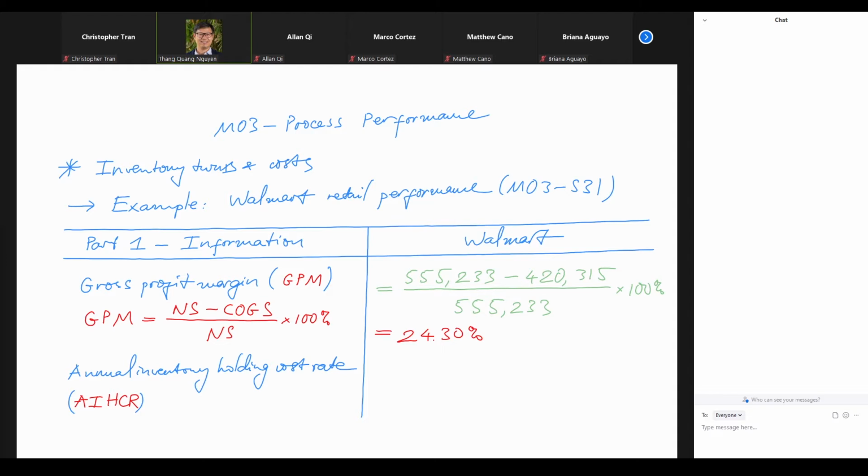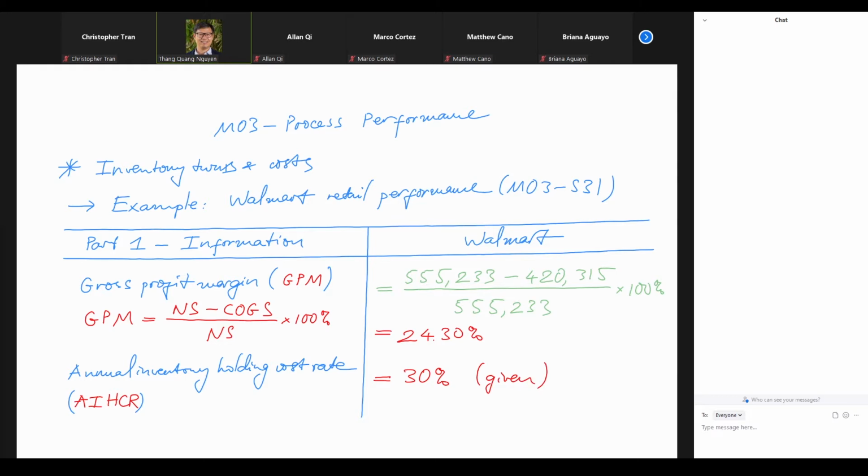And you know what? In real life, it's so difficult to calculate these based on the financial data or using accounting methods, right? So normally the companies would assume a number for themselves. And in this particular example, we choose the number of 30%. This is a given number, right?